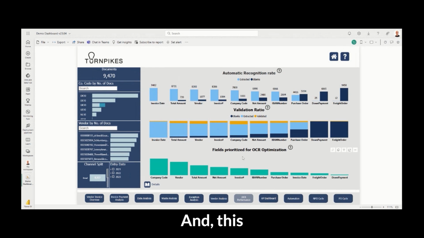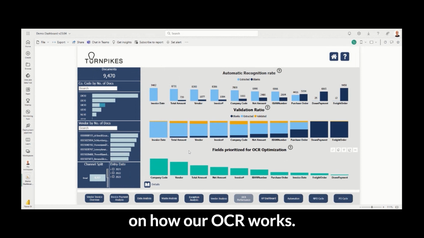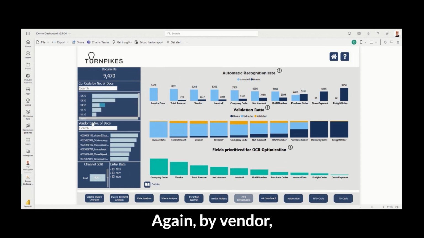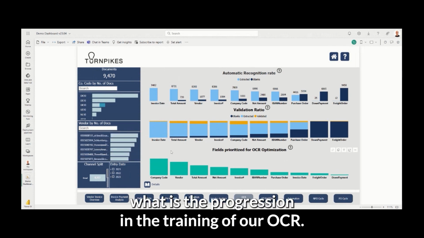And this gives us a pretty good overview on how our OCR works, again by vendor, by entry date, so we can see also what is the progression in the training of our OCR.